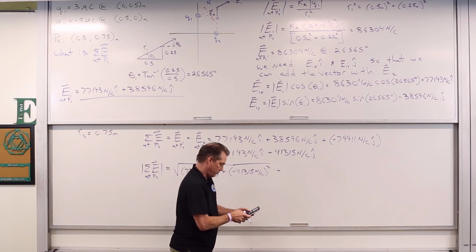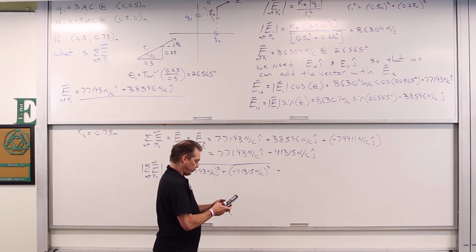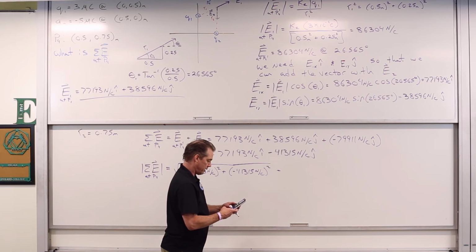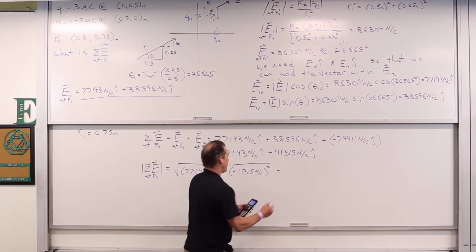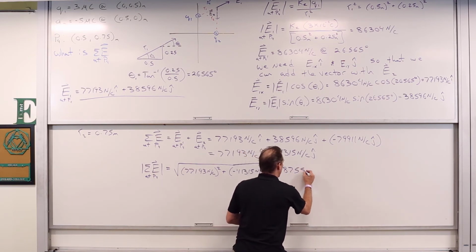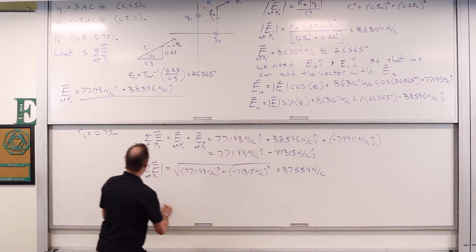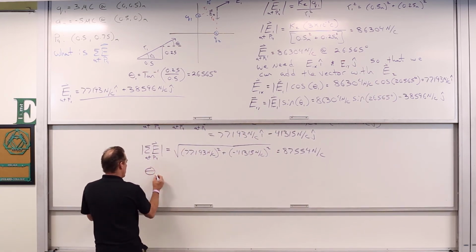And what do we get? We get 87,554 newtons per coulomb. So there's the overall magnitude.